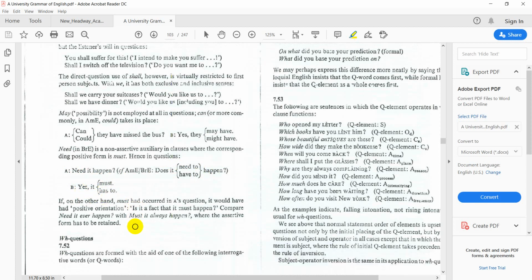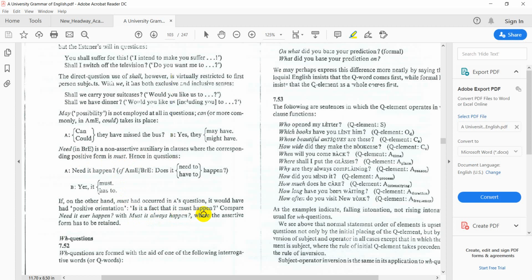Okay. If, on the other hand, must had occurred in the question, it would have had positive orientation, because must always means positive. It is a fact.